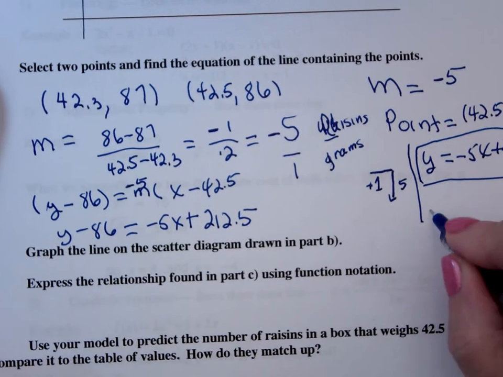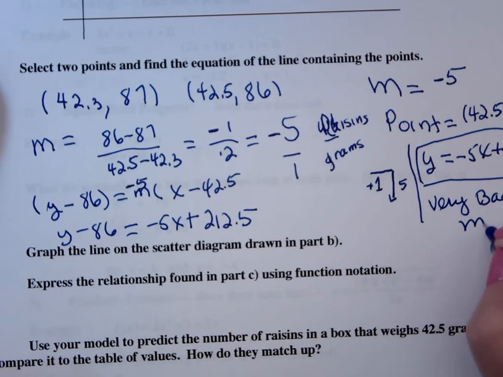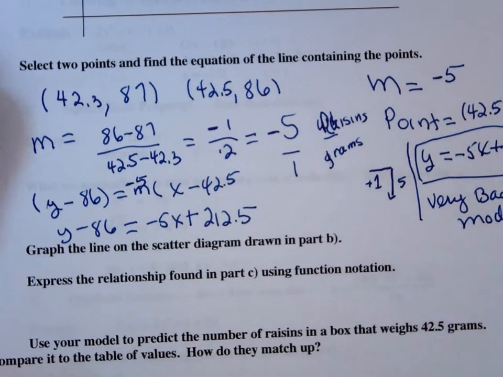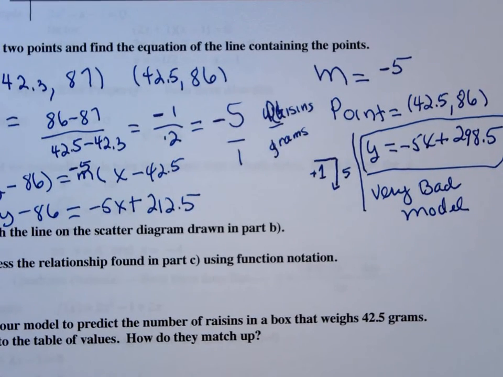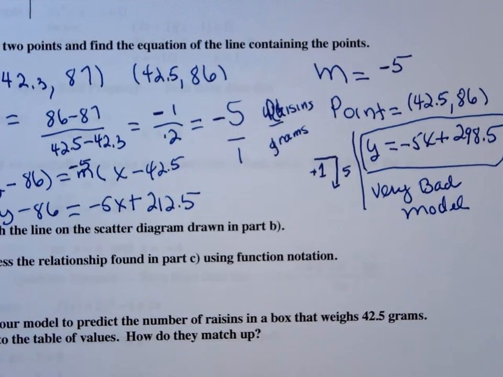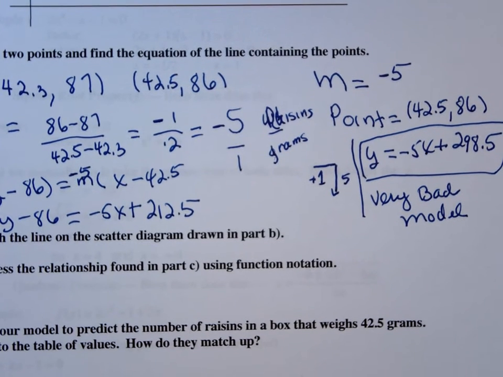This is a very bad model. That's why with linear models, whenever you do them kind of randomly, you have to be very careful. I just picked the wrong 2 points.